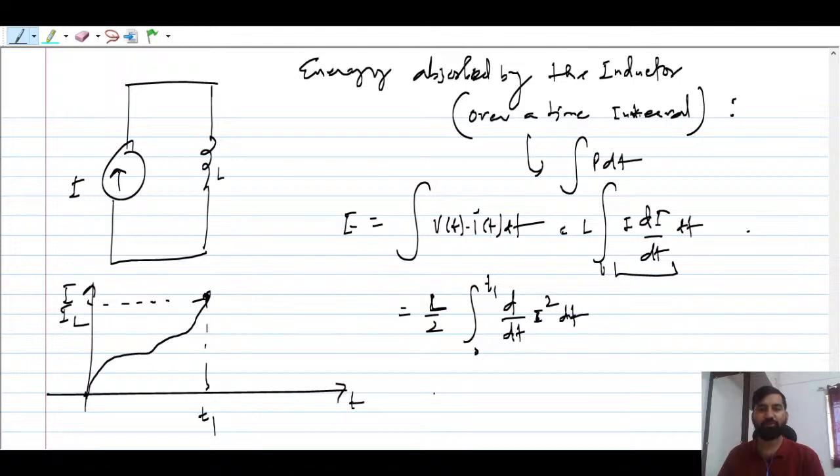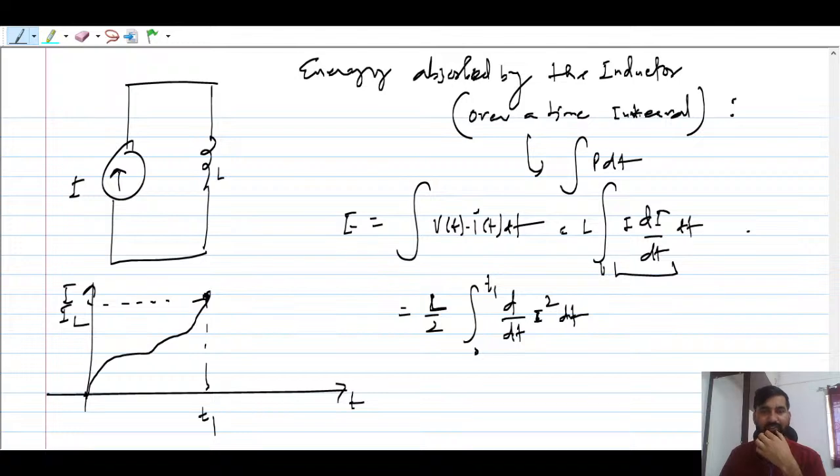So it is going to give you half Li squared. Half Li squared, okay? I think this is clear for all, right?